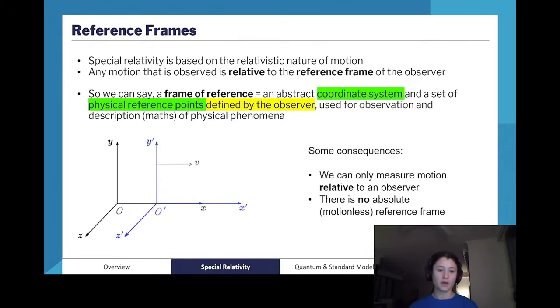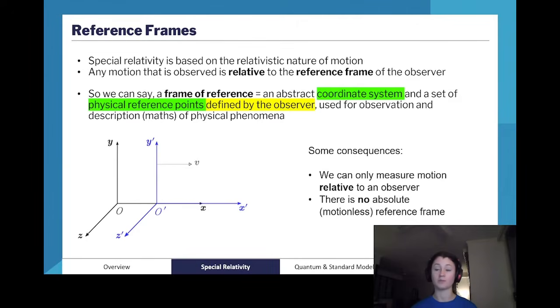So, the consequences of this is that we can only measure motion relative to an observer, which is what I was talking about before. And secondly, that there is no absolute or motionless reference frame. So there is no starting reference frame or initial reference frame or absolute reference frame. Going back to our car example, the road and earth is not the absolute reference frame, right?